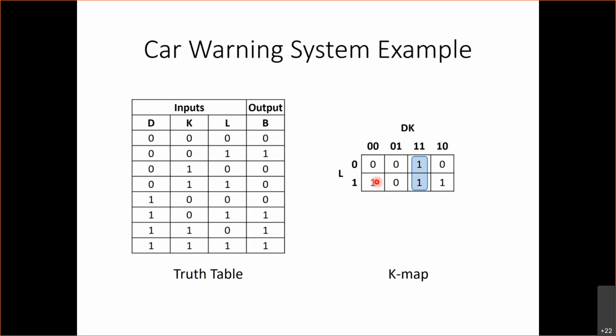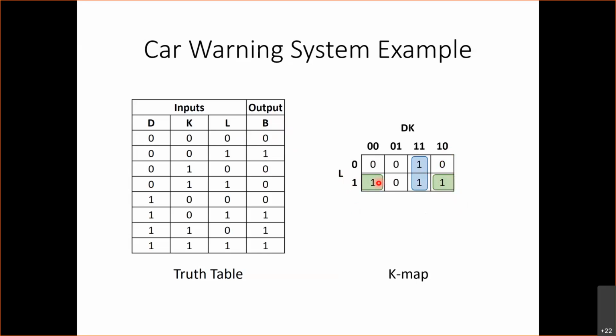And it turns out that we can actually cover these 2 ones with a single rectangle because the gray code wraps around, right? You can think of if you're in this column and you go to the right, it's as if you came back and wrapped around to this column over here. So we can actually have one rectangle that starts with this one and then wraps around and goes back to this one over here.